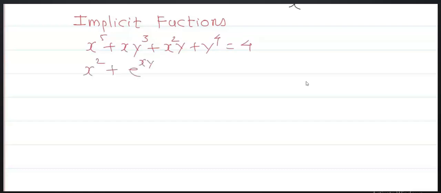Now the implicit functions. What is meant by an implicit function? That is, one variable can be expressed in terms of the other variables. Now see this here: x raised to 5 plus x into y cube plus x square into y plus y raised to 4 is equal to 4.